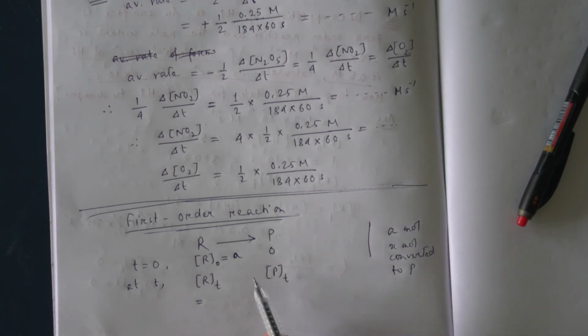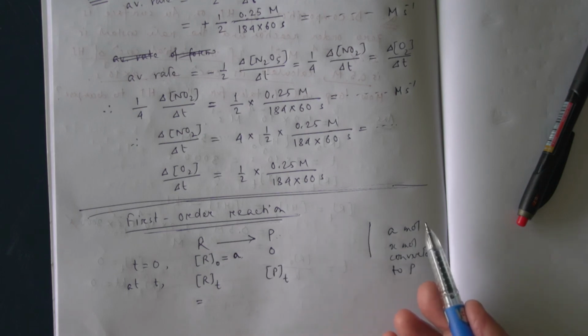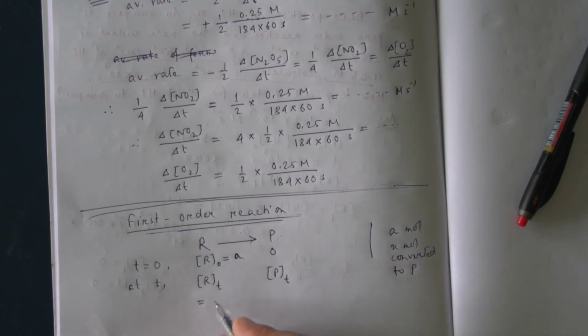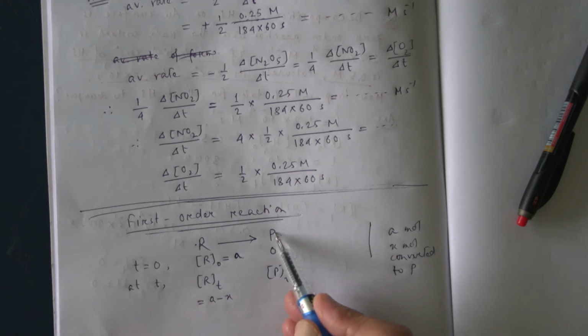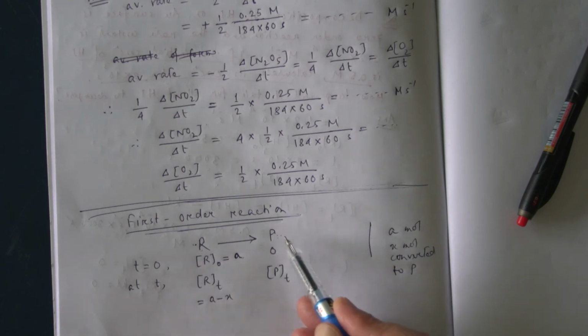So how much of A remains? Initially A was there, how much has gone? X has gone. Okay, how much remains? This A minus x. And from here, from 1R we get 1P. From 2R we get 2P. From x we will get x.